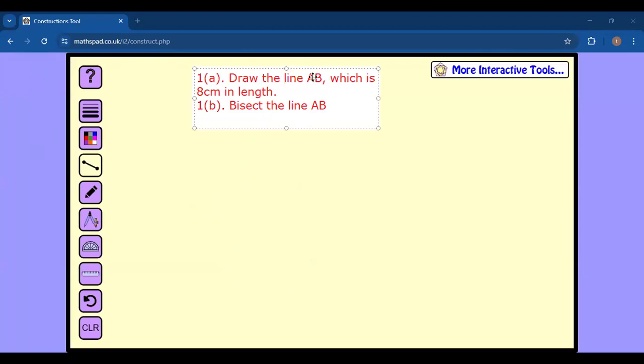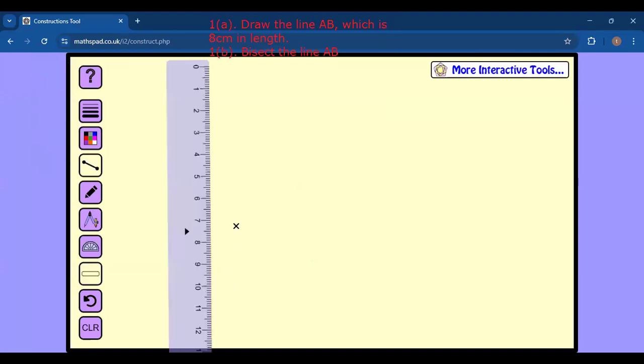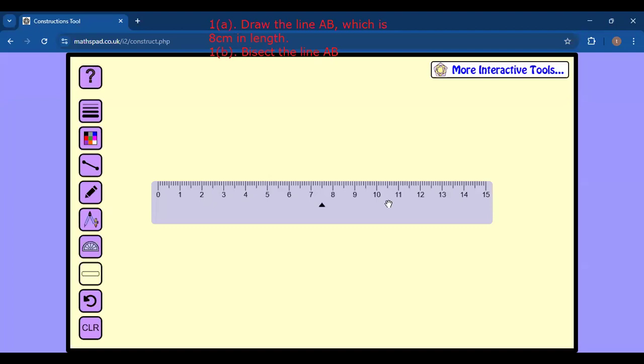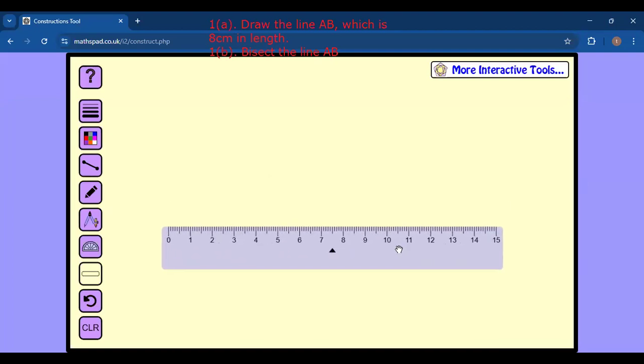Okay, good. All right, so let's go ahead and bisect this. So first, let's draw the line AB. Class, what is the measure of our line? Our line measurement is what? 8 centimeters. Very good. So we're gonna start from 0.